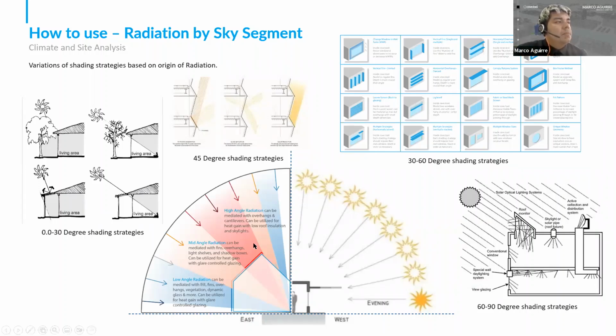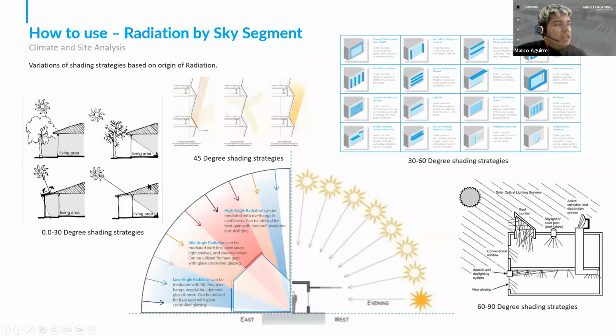And it's using the help diagram to indicate what's going to be the most beneficial strategy depending on where you have a lot of radiation on the model. If you have a lot of radiation coming from lower angles, so it's typically when you're higher in the northern hemisphere, shading strategies that can be really beneficial include things like frits, fins, vegetation, dynamic glass, overhangs.